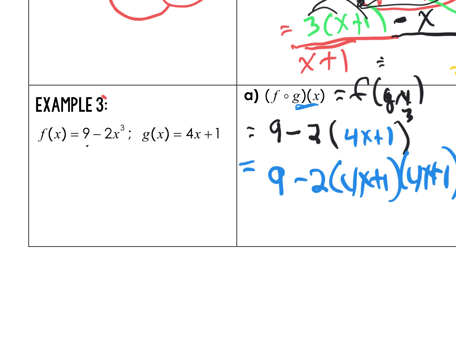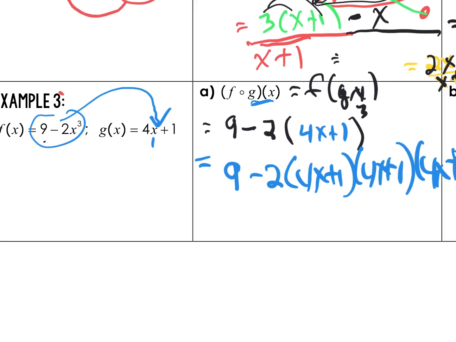So if I'm doing G of F, this X right here has to be all of F. That shouldn't be too bad. So now that's 4 times 9 minus 2x cubed. And don't forget the plus 1.